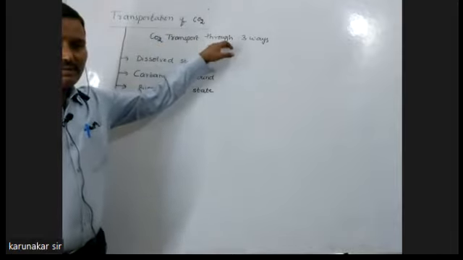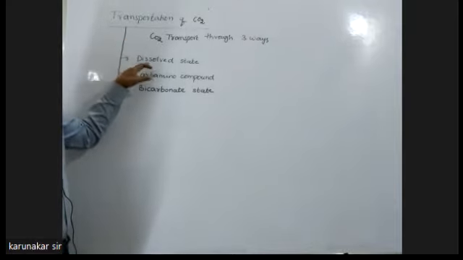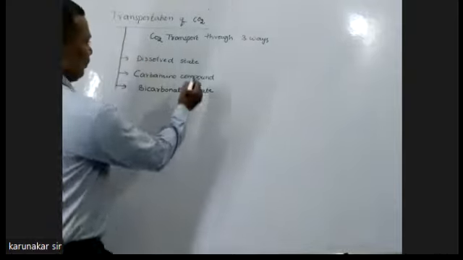The transportation of CO2 occurs in our body through three ways. First way, CO2 transport through dissolved state.